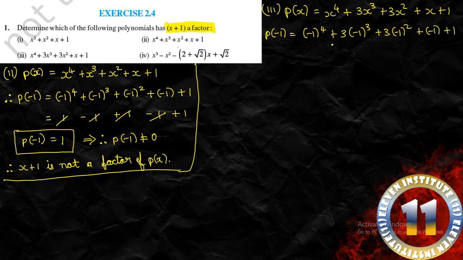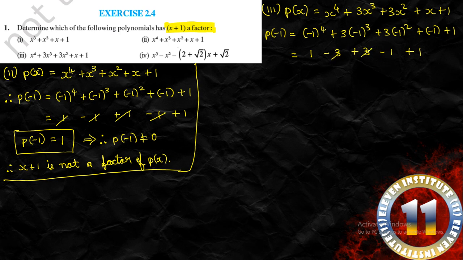Right. Now, we will solve this. So, minus 1 raised to 4 is nothing but 1. Minus 1 cube is minus 1, and minus 1 into plus 3 will give us minus 3. Minus 1 the whole square is 1, and 1 3s are 3 over here. Plus minus, minus 1, and again we have a plus 1 over here.